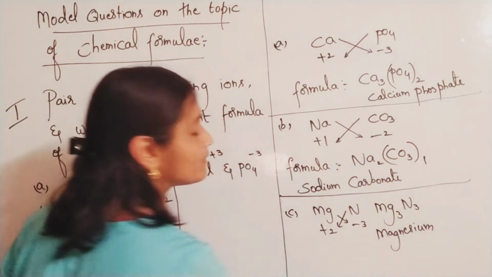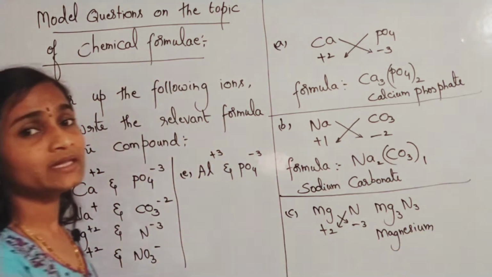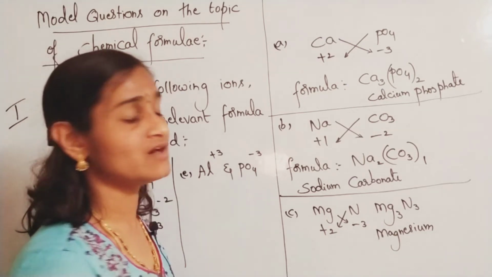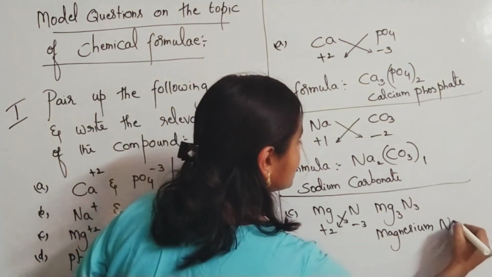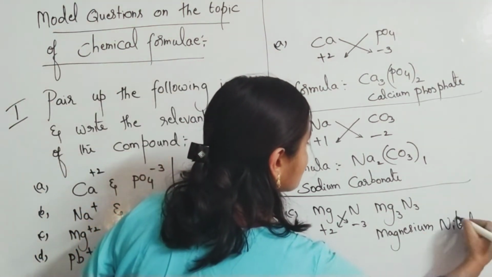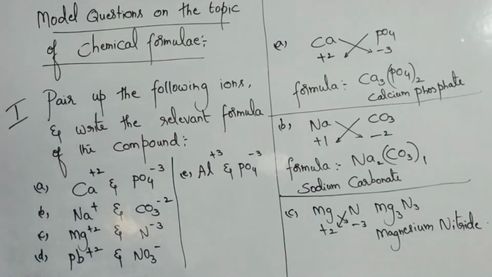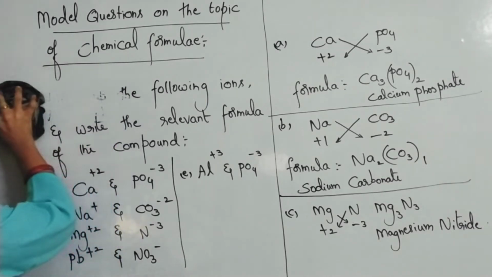So you have to pair up the ions and make the relevant chemical formula with them. And here, lead nitrate is Pb(NO3)2. I'll just rub this question.